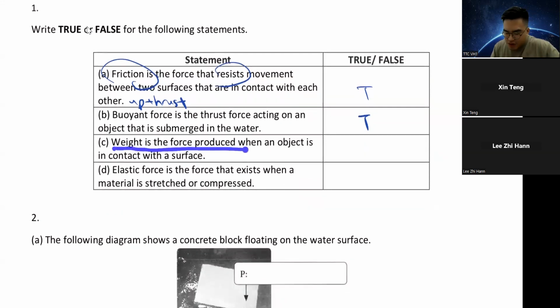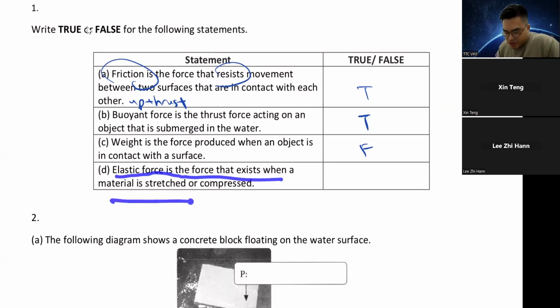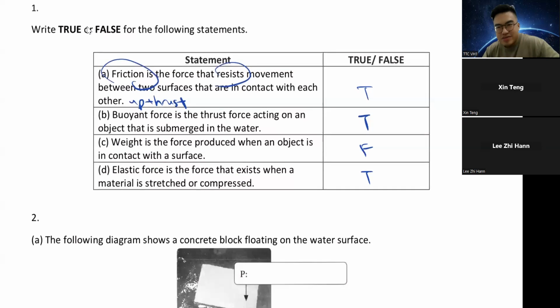Weight is the force produced when an object is in contact. No, this is friction. D, elastic force is the force that exists when a material is stretched or compressed. Yes, it is. Right? Not only when I stretch it out, even when I compress it, I will still get elastic force.